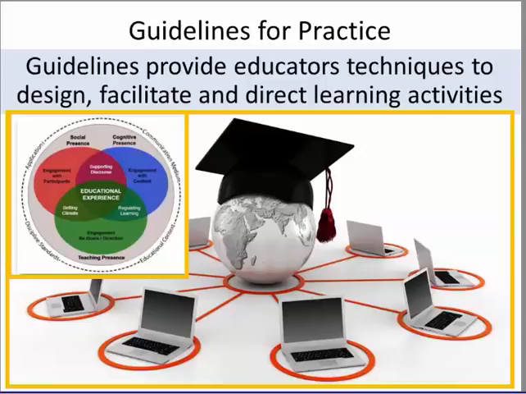Guidelines for practice. These guidelines from the current chapter 7 to 9 in our textbook provide the educators some techniques to design, facilitate, and direct learning activities. We have seen previously that COI framework comprises 3 interdependent elements, which are social presence, cognitive presence, and teaching presence.